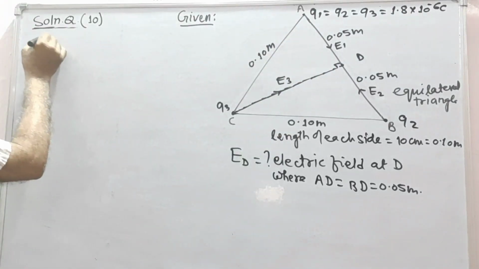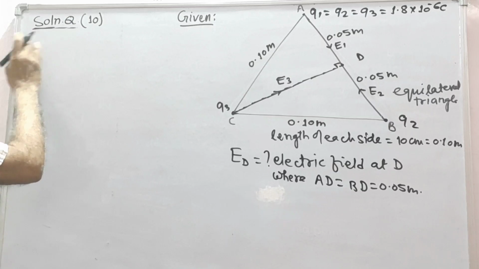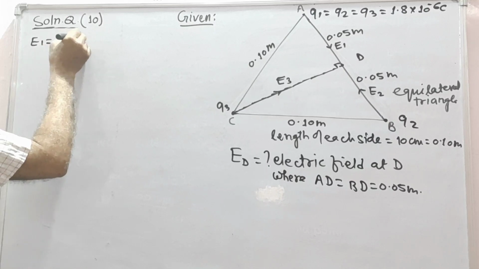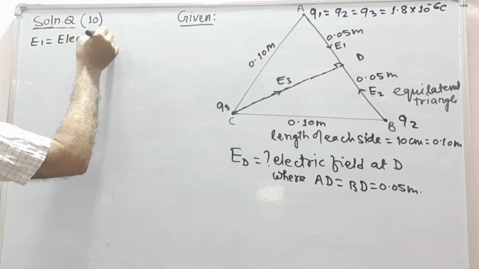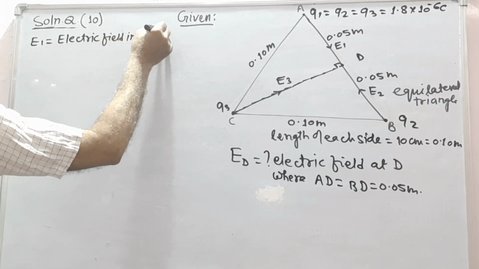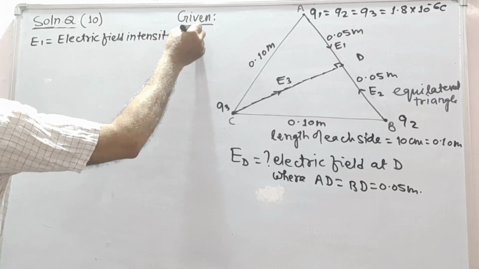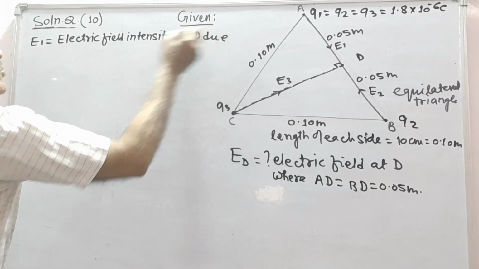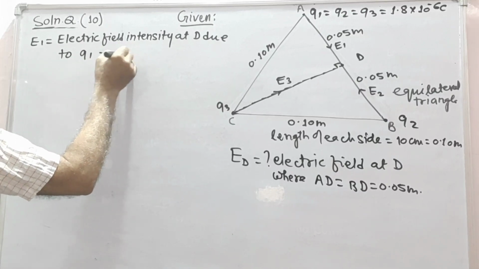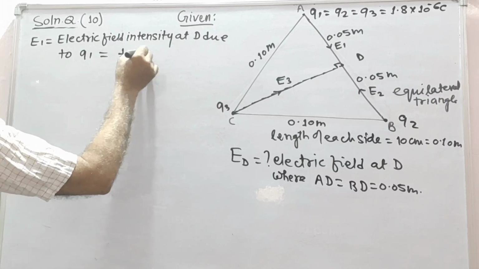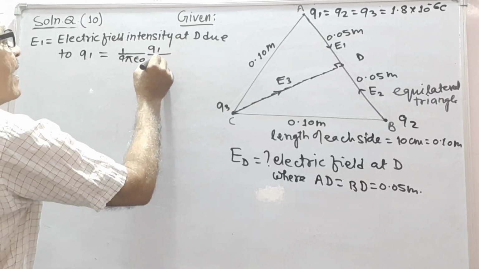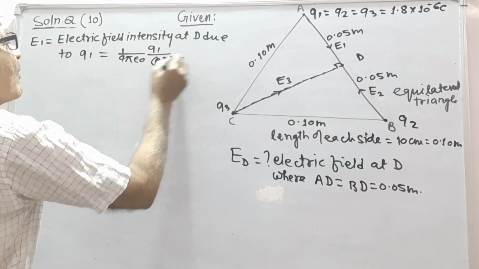So, E1 is equal to electric field intensity at D due to charge Q1 will be equal to 1 upon 4 pi epsilon 0, Q1 upon r square, means AD square, values are known.